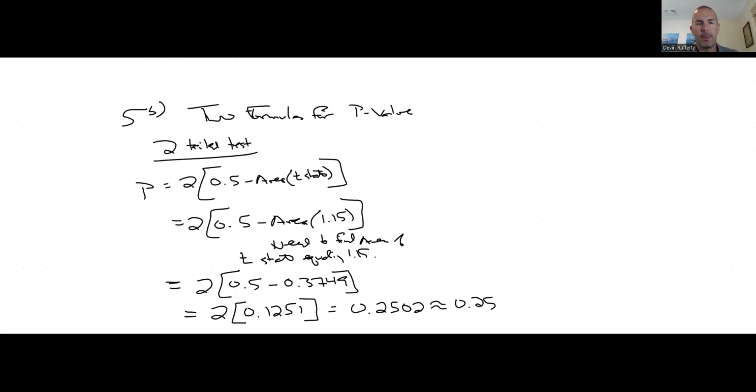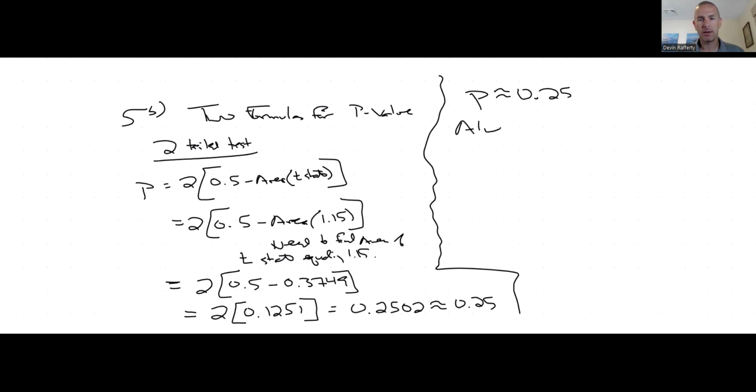So now we're going to figure out how to interpret this. The interpretation is key. My p-value is approximately equal to 0.25. When you are doing p-values, you always compare the p-value to alpha.